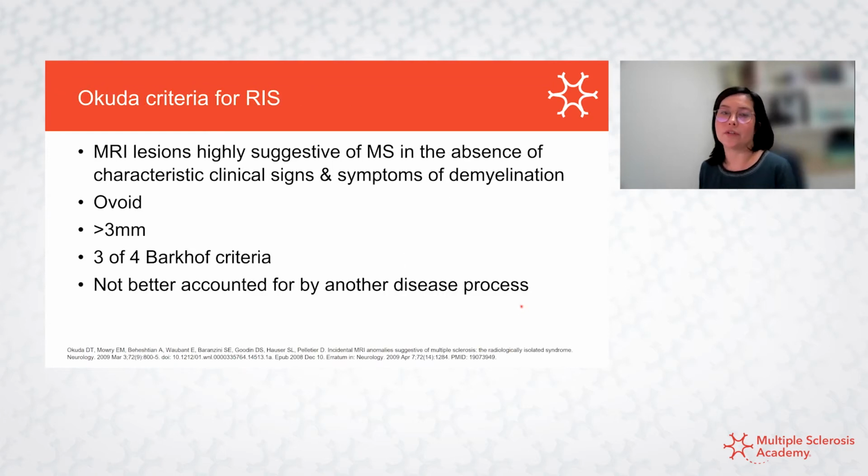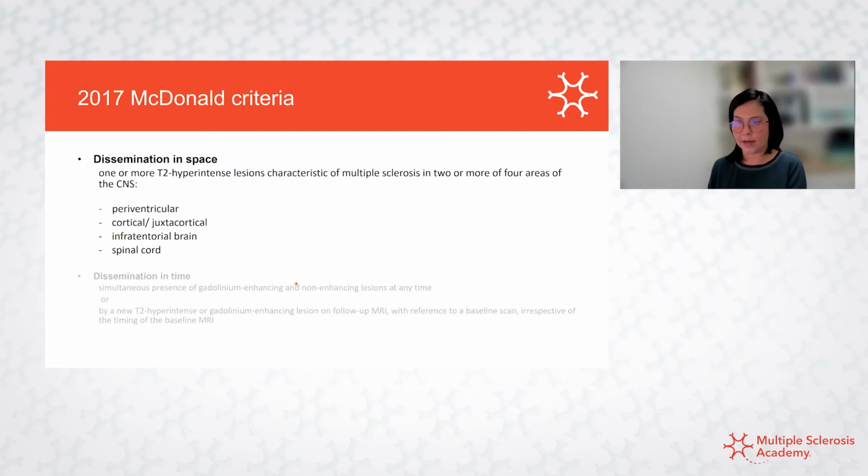So what constitutes RIS? As Camilla's already talked you through the criteria for RIS, this was the original Okuda criteria, which used the Barkhof criteria. When the McDonald criteria was modified and I think simplified, you just need 1 or more T2 lesions in 2 or more of these areas: periventricular, cortical, infratentorial, and spinal cord.